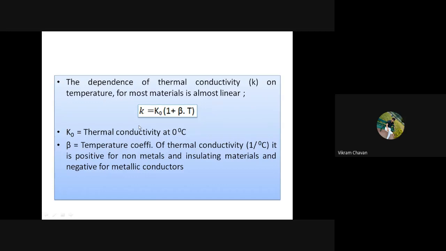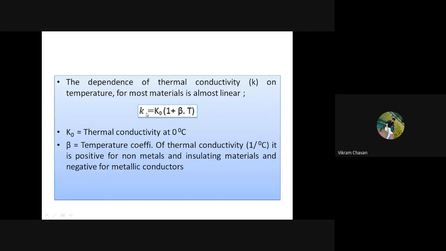This equation tells us that the thermal conductivity K at any temperature T will be equal to the thermal conductivity at 0 degrees Celsius, K naught, times (1 plus beta T), where beta is the temperature coefficient, multiplied by temperature.